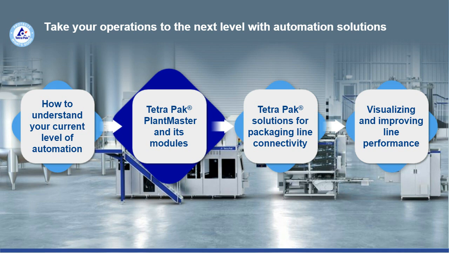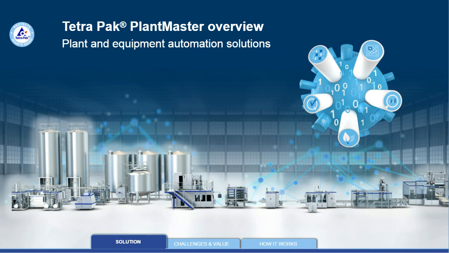Now it's time to have a look at Tetra Pak PlantMaster, which modules it consists of, and why it is the most advanced plant automation information solution for the food and beverage industry. It is the only one specially designed for the food and beverage industry, based on extensive food production knowledge.